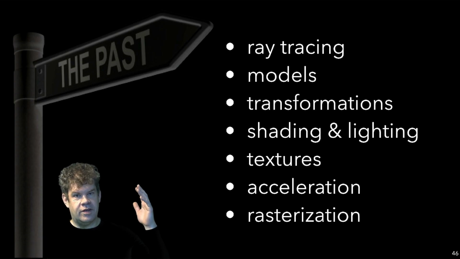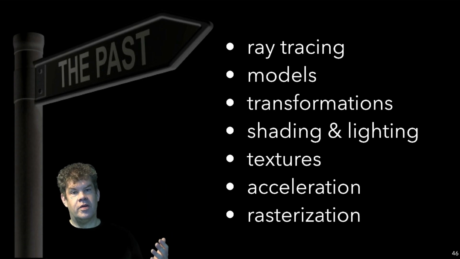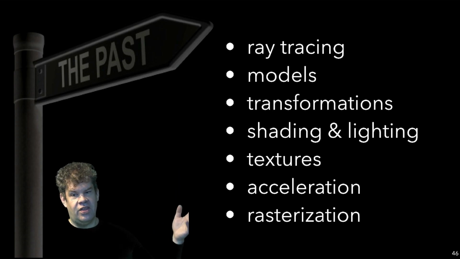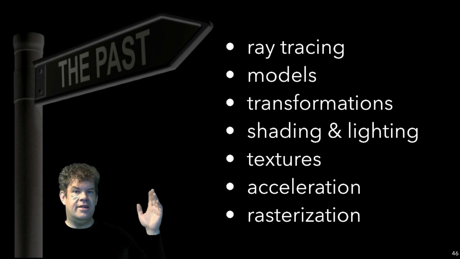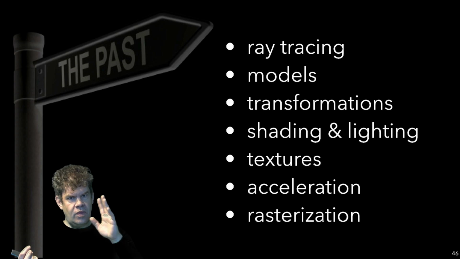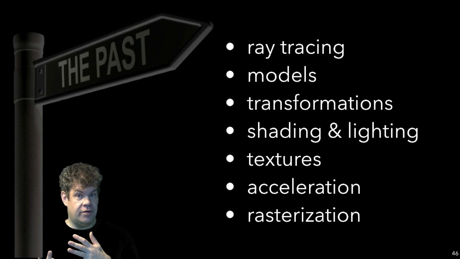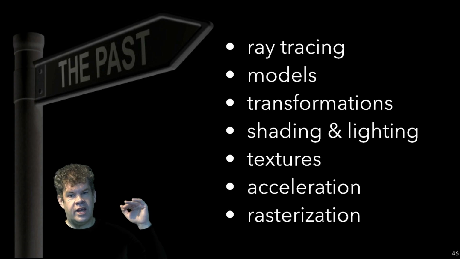I talked about things such as ray tracing, rasterization, and rendering approaches. I talked about a couple of ingredients that we need. How do we model things? How do we transform? What's this shading and lighting thing? What are textures? Remember textures, the whole fire thing? And then I talked about acceleration, both in the context of ray tracing or general rendering, and then in terms of scene graphs, and talked about low and high level APIs. So that's basically what I covered so far.